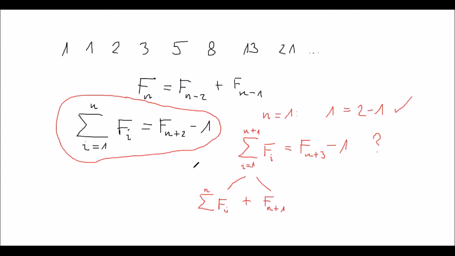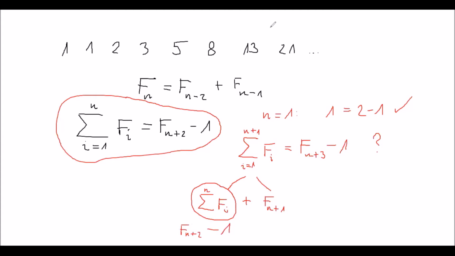But we know by this original equality, which we assume now to be true, that this sum equals f(n+2) minus 1.